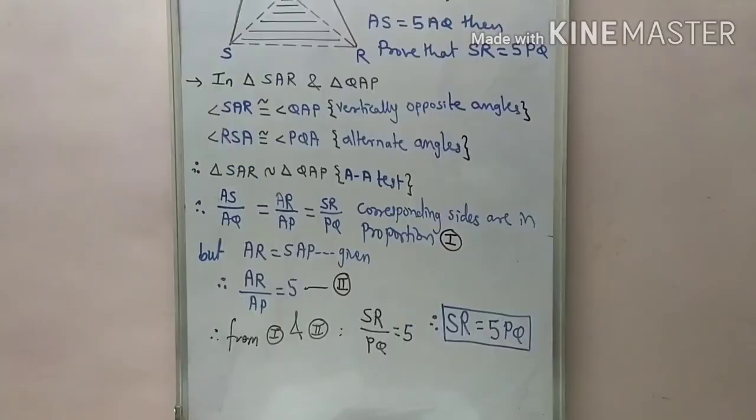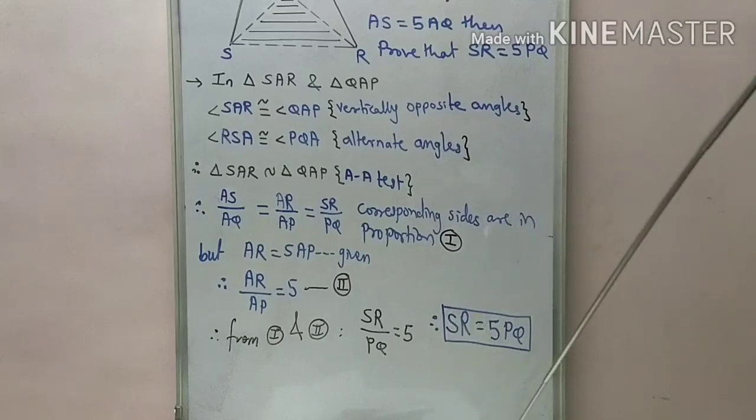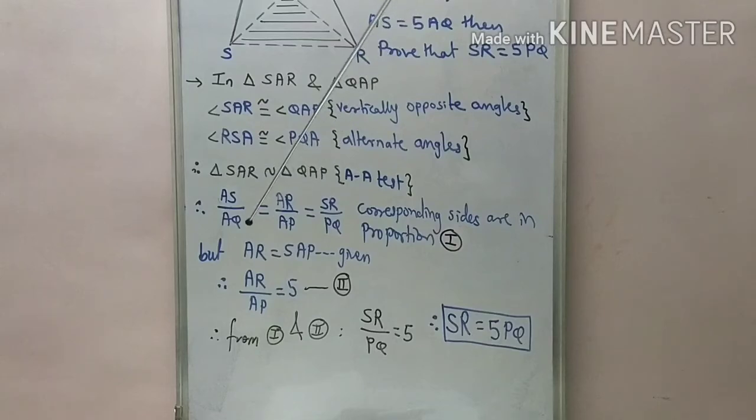The corresponding sides in proportion: first SA corresponds to QA, so we write the ratio AS upon AQ equal to, second pair AR corresponds to AP, so AR upon AP equal to, the last one SR corresponds to QP, which we can write as PQ, so SR upon PQ.